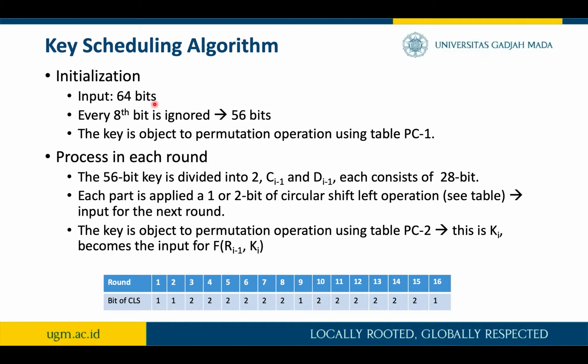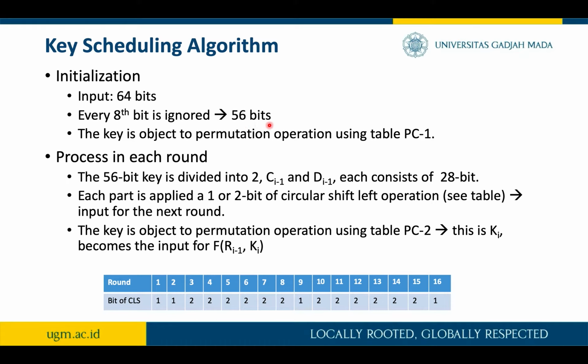The original number of bits in the key is 64 bits, but we only make use of 56 bits. How do we do that? We group the bits into groups of 8, and every 8th bit is ignored. So we will get 56 bits from 64 bits.